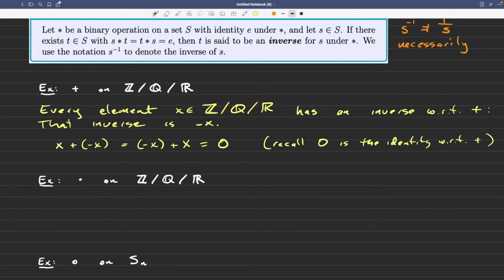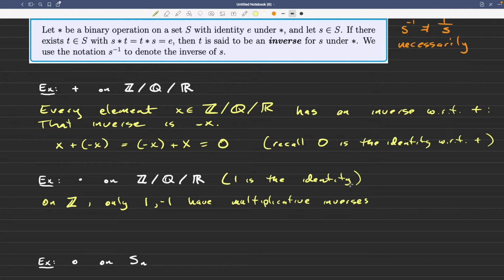So let's spell that out. On Z, only 1 and -1 have multiplicative inverses. The multiplicative inverse of 1 is 1, and the multiplicative inverse of -1 is -1, because 1 times 1 is 1, and -1 times -1 is 1. Remember, 1 is the identity with respect to multiplication.